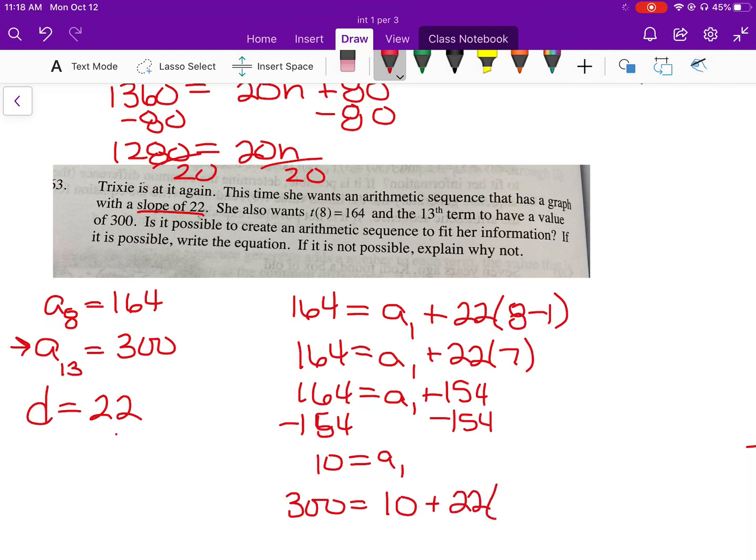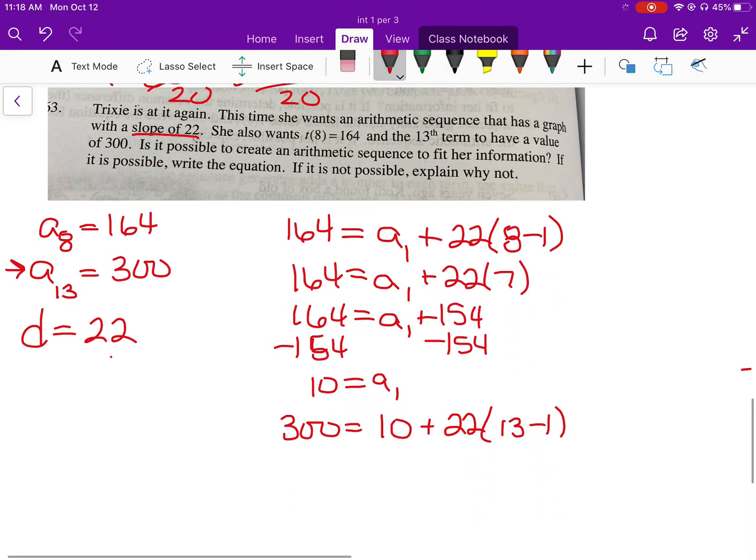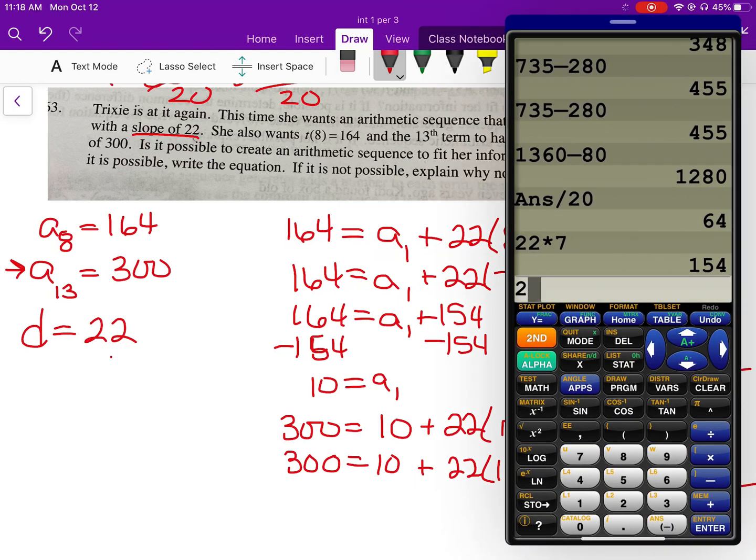What's my n this time? 13, right? Minus 1. What's 22 times 12? 22 times 12 is 264.